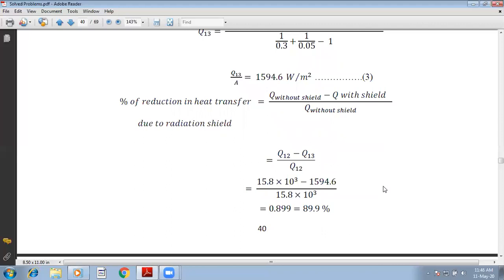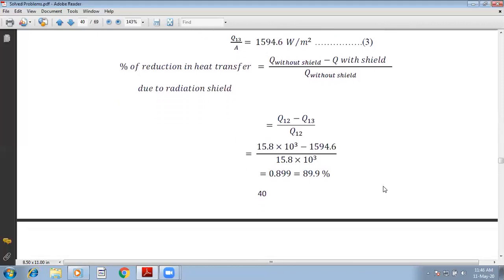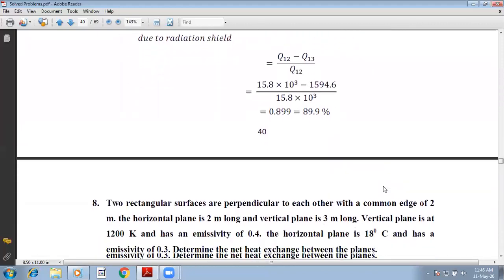Now these kind of problems are very important from the point of your examination. Let us move to the next problem.